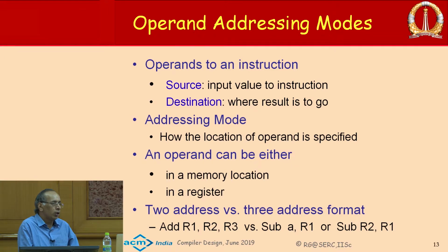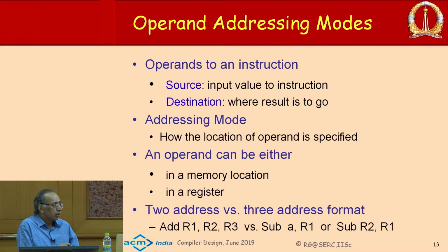For example, you could have small constants as a part of your instruction, right. Add R1 with 1, or subtract 4 from R2. Those are all small constants. That constant is called an immediate constant, and it is a part of the instruction. Since the instruction is in the memory, it is actually in memory. So, we will also talk about those things as we talk about operands.